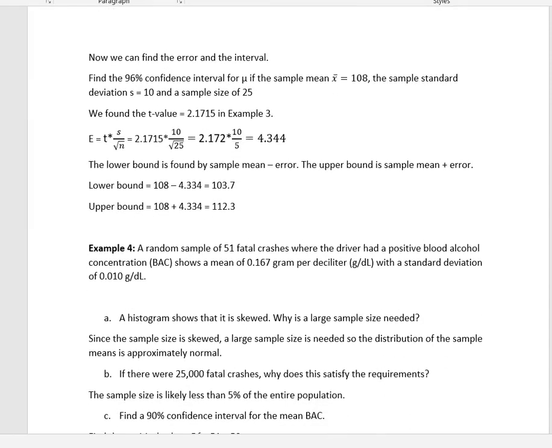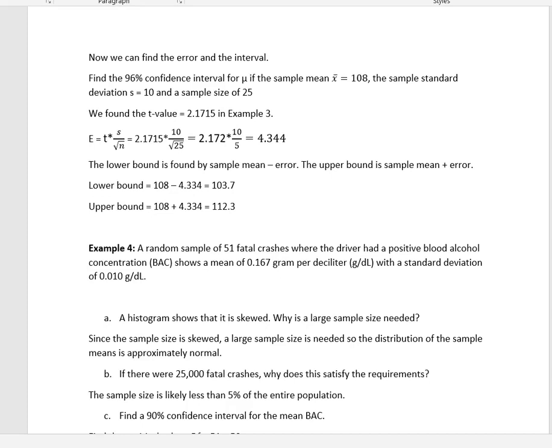Now we will find the error and the interval. Find a 96% confidence interval for mu if the sample mean is 108, sample standard deviation s equals 10, sample size of 25. We found the t-value is 2.1715 in the last example. Error is t times s over the square root of n. t we found to be 2.1715. s is 10.